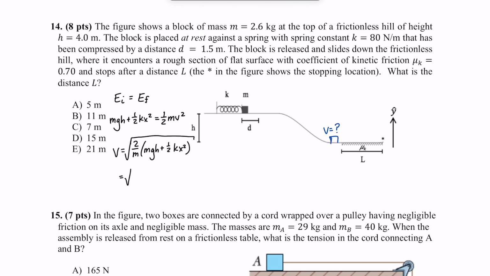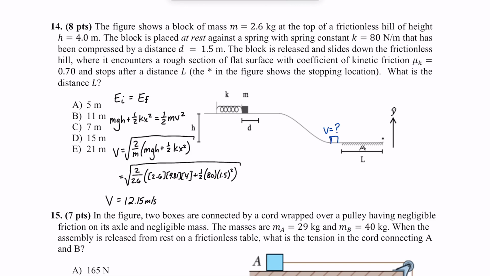Plug in the numbers. I'll drop the units just to keep things clean, there's not a lot of room. And if I were to put this into a calculator, I get 12.15 meters per second.